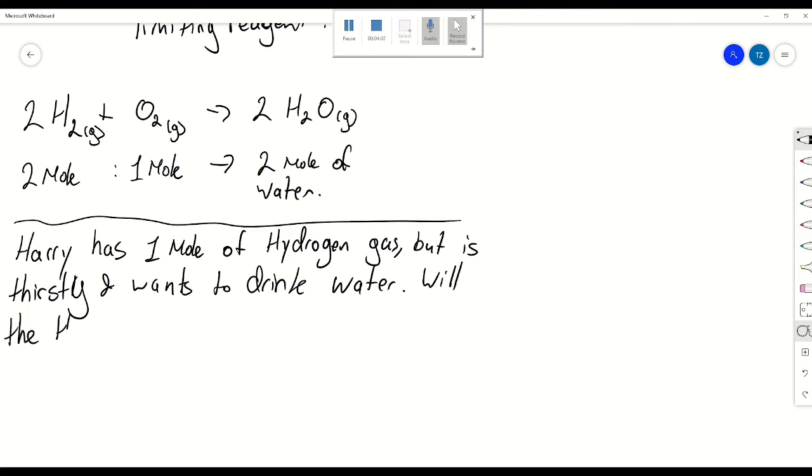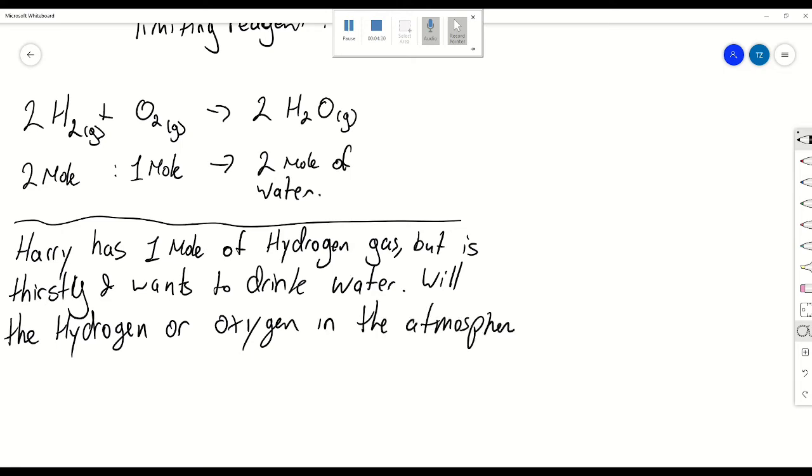Will the hydrogen or oxygen in the atmosphere be the limiting reagent?